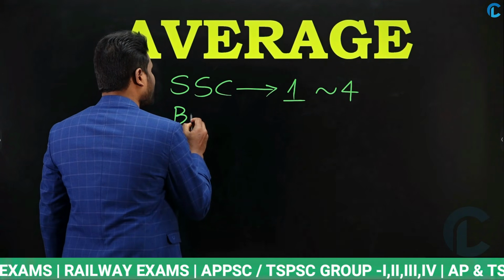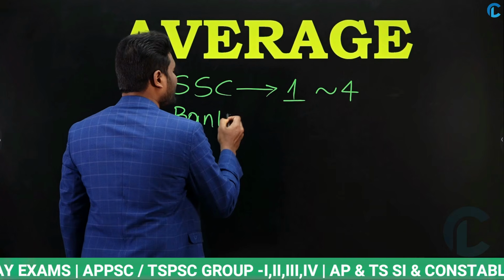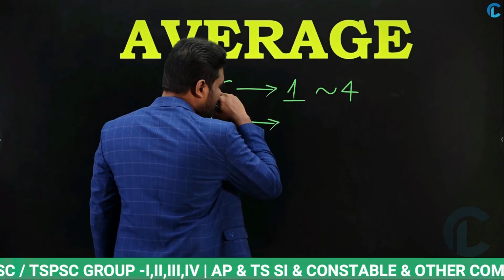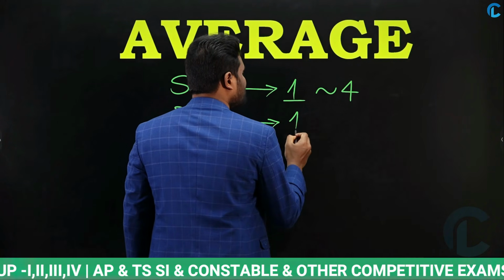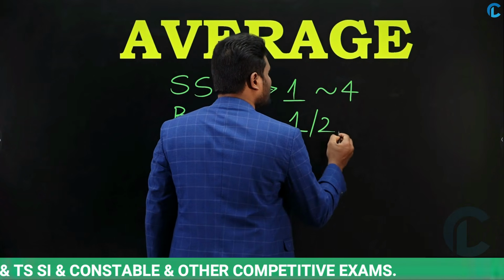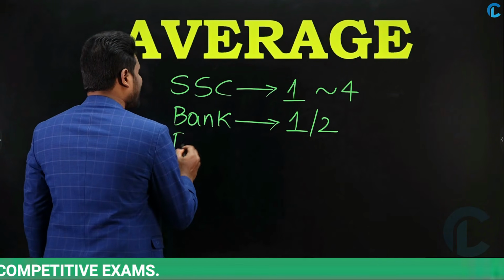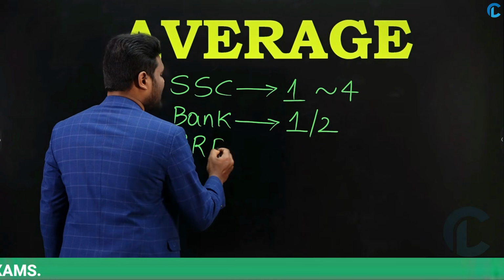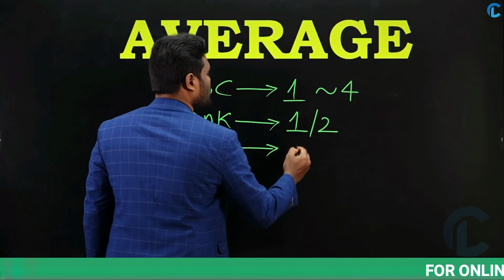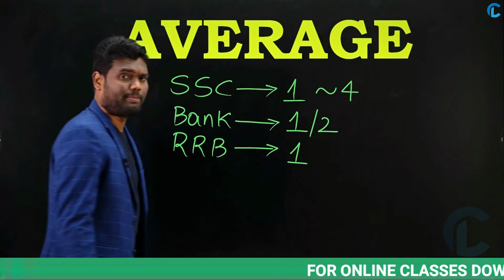Similarly, if you are going to write bank examinations, you get 1 or 2 questions from topic average. Similarly, if you are going to write railway examinations, that is RRBs, you may get 1 question from topic average.